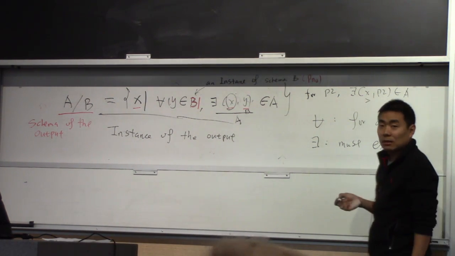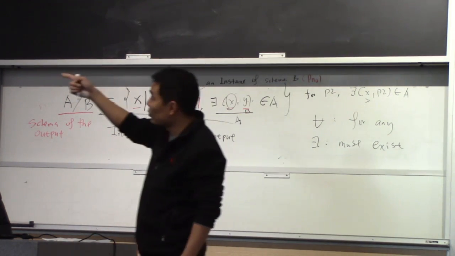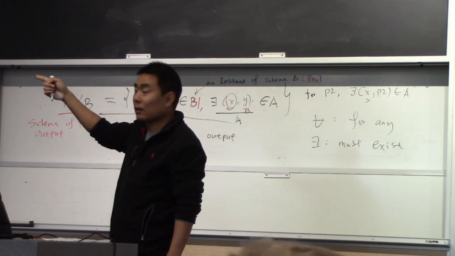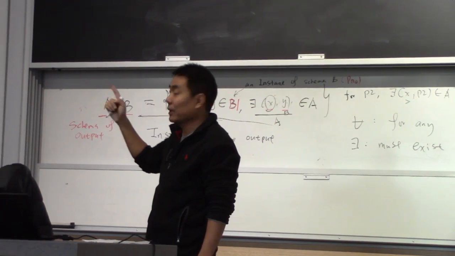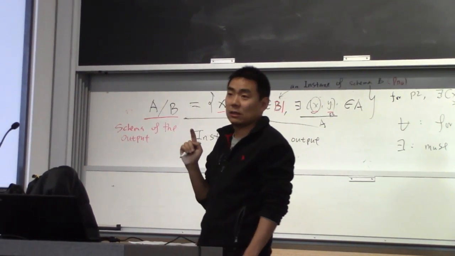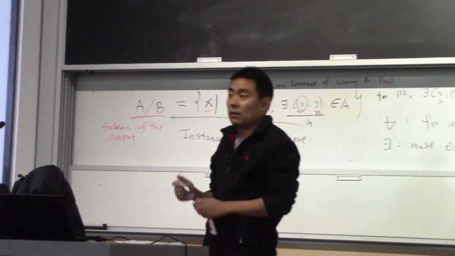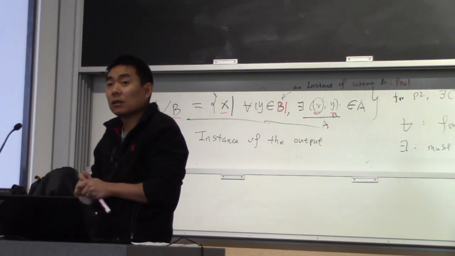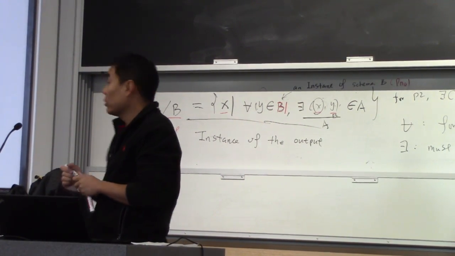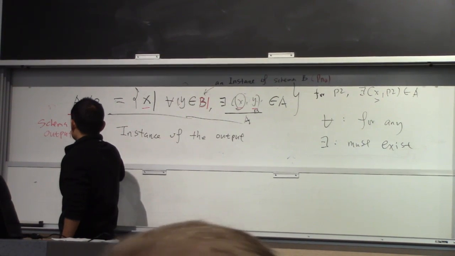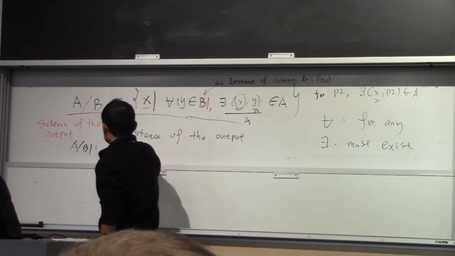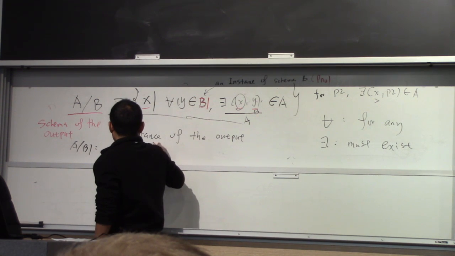What is the X? S can be S1, obviously. S can be S2. S can be S3. S can be S4. Does that make sense? Yeah? So the output of A divided by B1 is going to be S1, S2, S3, and S4.